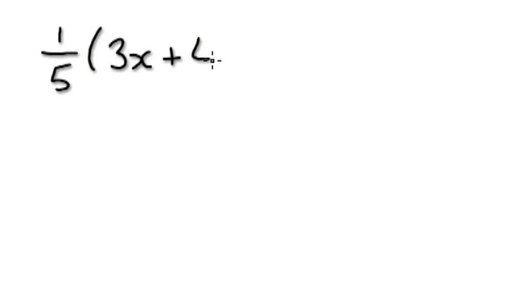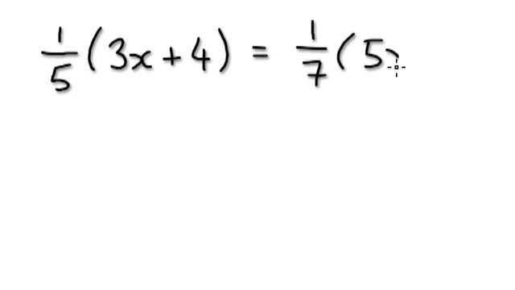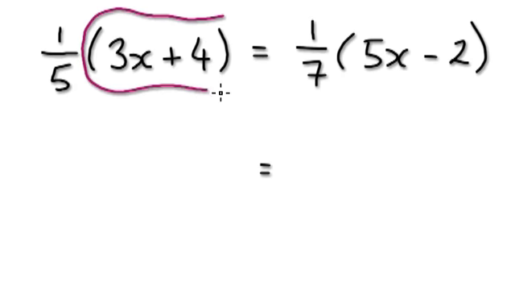Let's say you're given this here: 1 over 5 bracket 3x plus 4 equals 1 over 7 bracket 5x minus 2. The way you do this is to imagine that all this is stuck in a bubble.